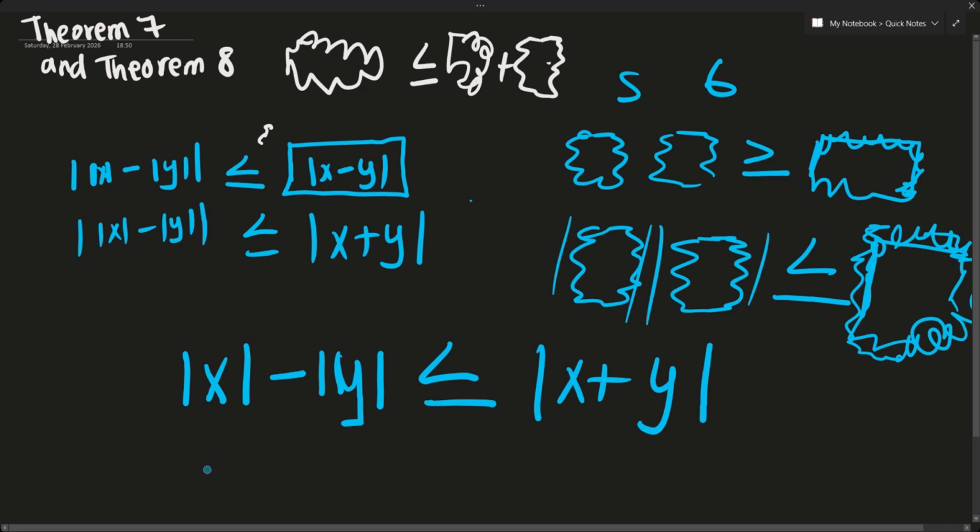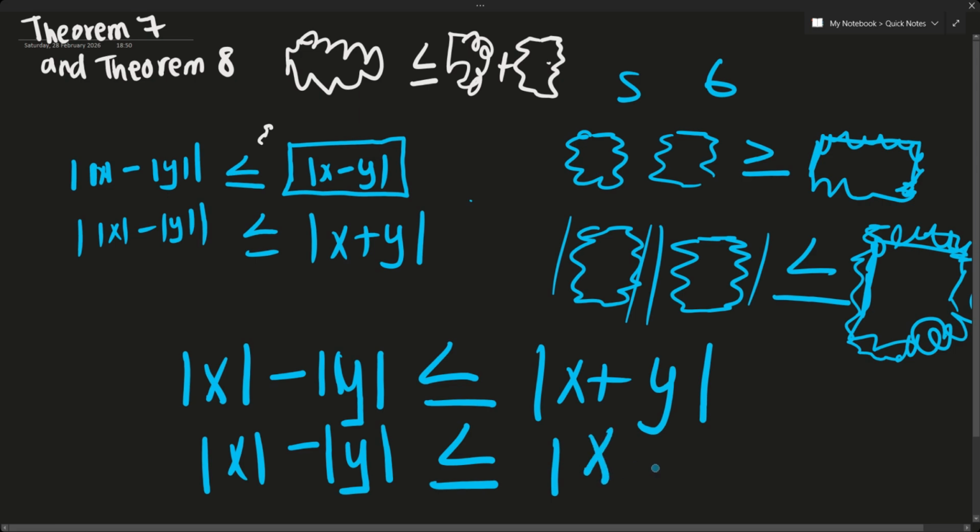And the absolute value of x minus the absolute value of y is also less than or equal to the absolute value of x minus y, where this one is the bigger part and this one is the smaller pieces subtracted.